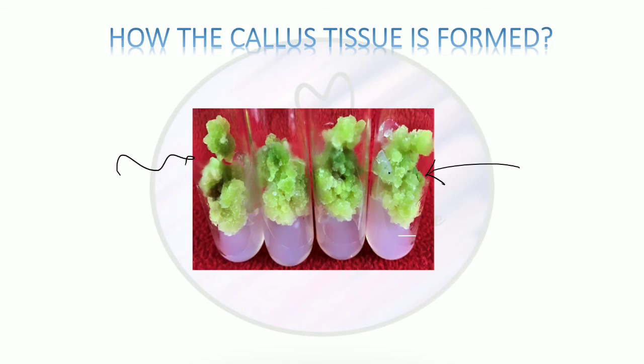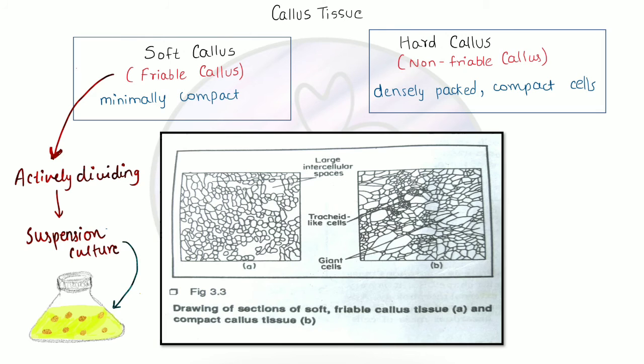Now, the second important point is how the callus tissues look. When we talk about the cells of callus, you will see two different types: soft callus and hard callus.